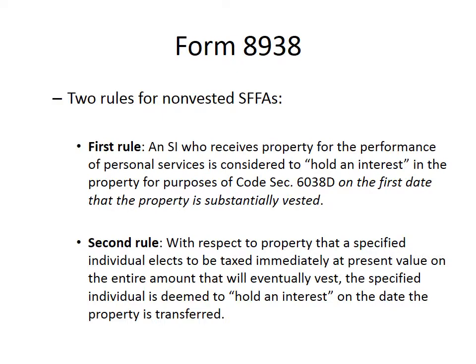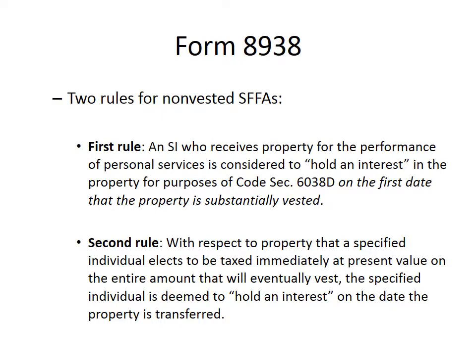Once again, under the first rule, a specified individual who receives property for the performance of personal services is considered to hold an interest in that property for purposes of 8938, beginning on the first date that the property is substantially vested.